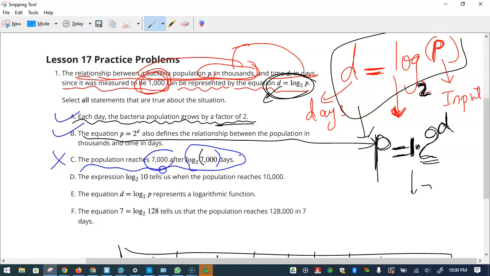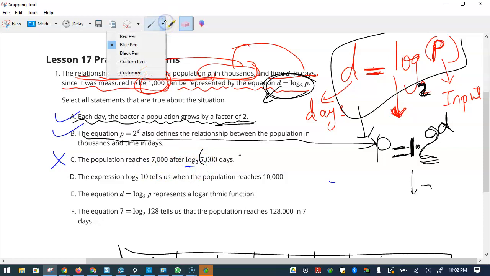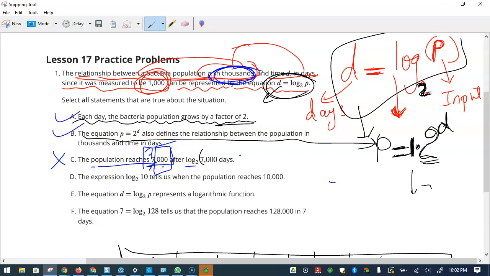So the population is this, and this is 2 raised to this part. Watch this part. It says reaches 7,000. Actually, it should have been 7. Because this is in thousands as already said, you cannot write the number 1000. You just say 7. Reaches 7 in those many days. So you can't have this answer. So this is wrong.